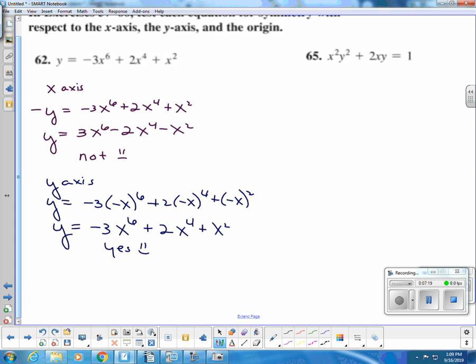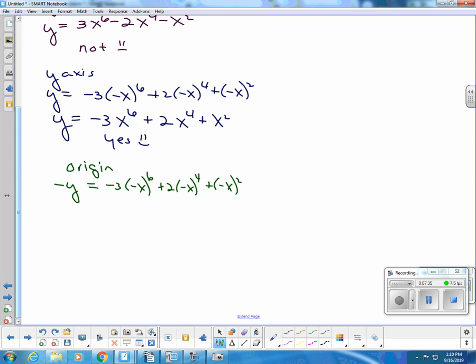And the last test we're going to do is the origin. So we're going to change both the x and the y. So you've got to evaluate your exponents first.